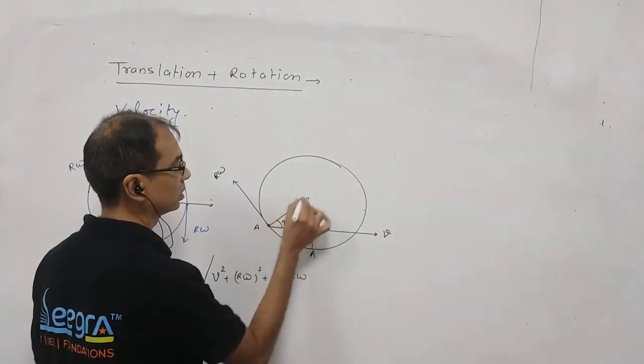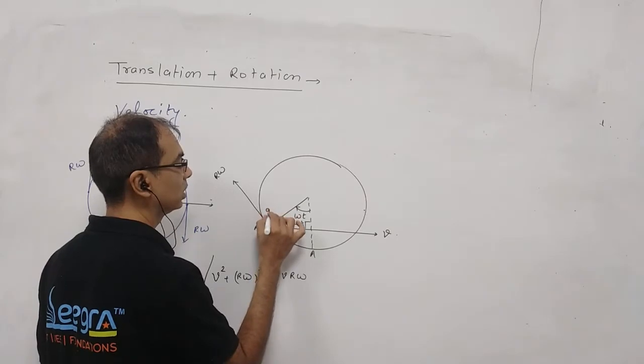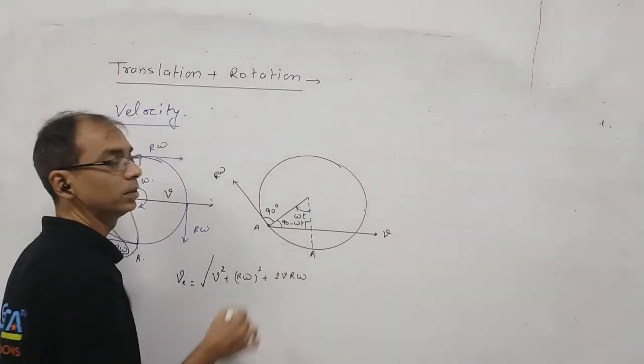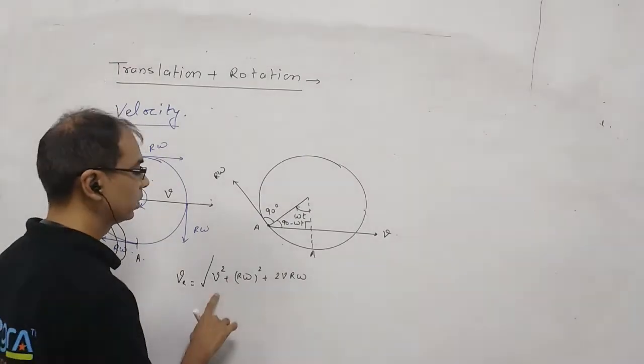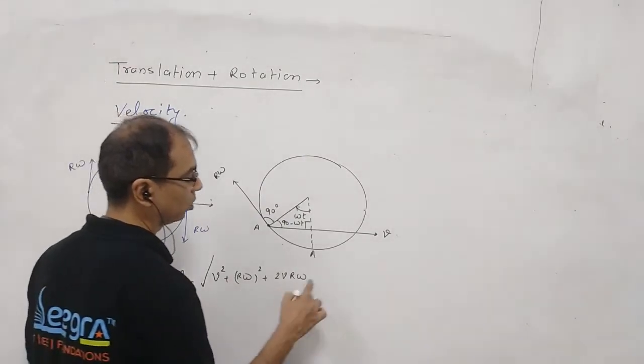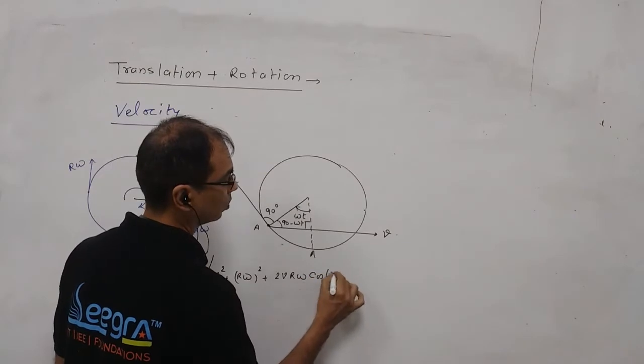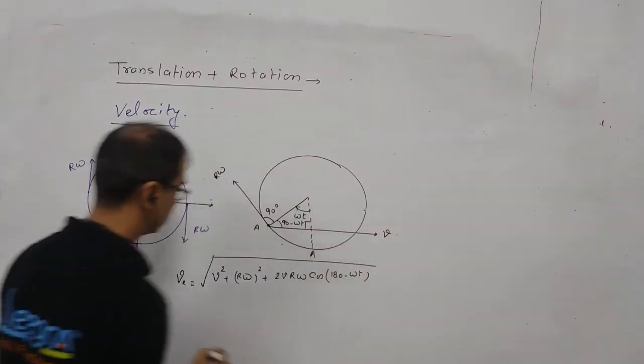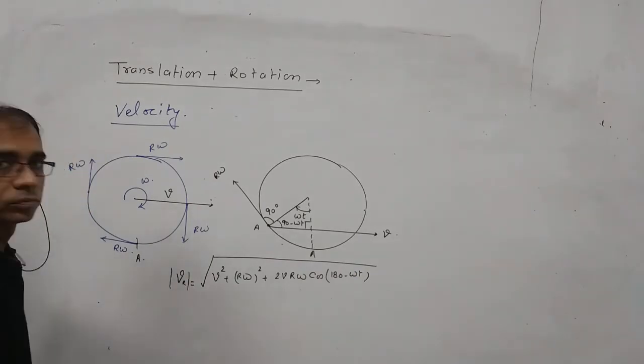And this is the radius and this is the tangent. This is 90. The total angle between v and r omega is 180 minus omega t. So v square plus r omega whole square plus 2 v r omega cos (180 minus omega t). This is the magnitude of velocity, right?